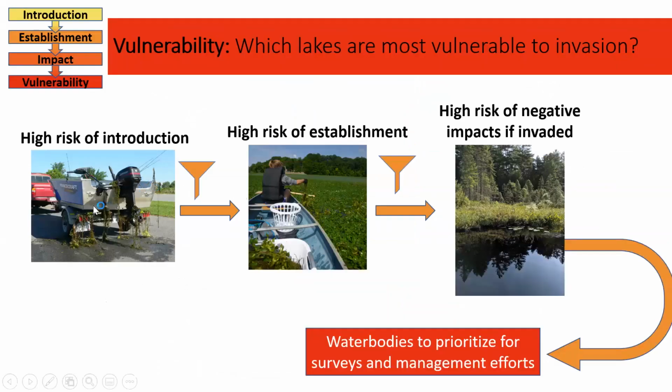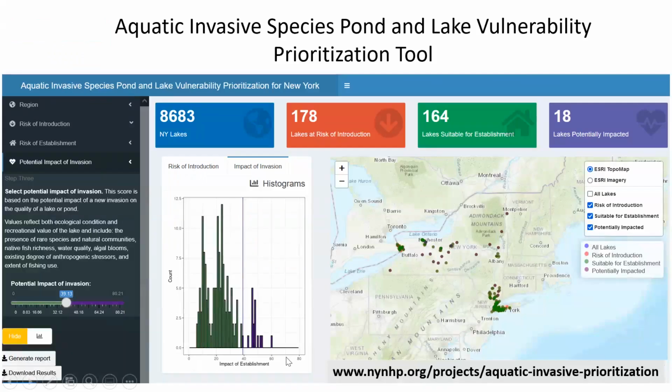And so by filtering through these different factors, the introduction, the establishment, and the negative impacts, that will lead you to a subset of lakes. The user adjusts the thresholds of how much risk you're willing to take, and you have histograms showing the distribution of lakes that fall within those risk scores.